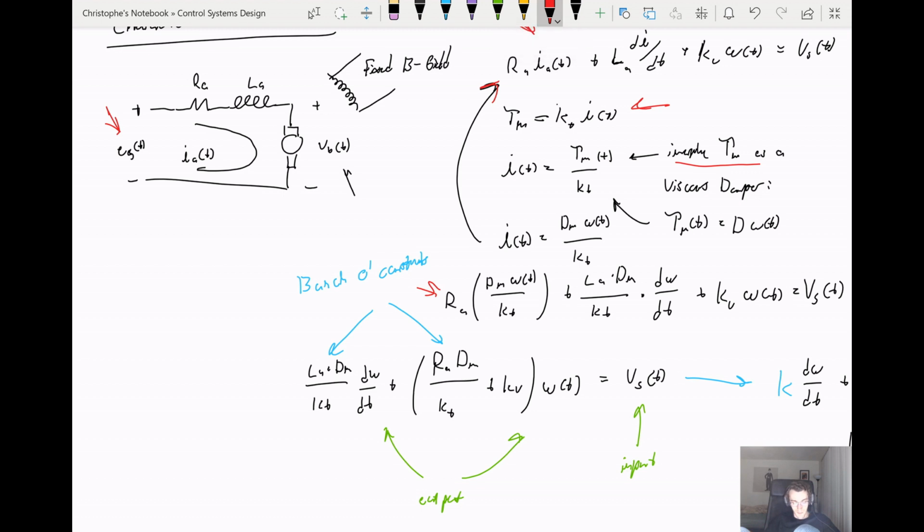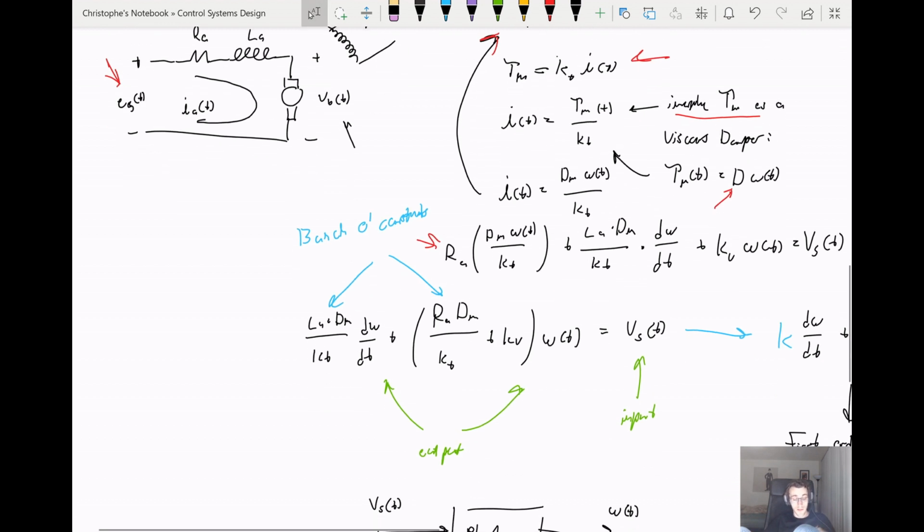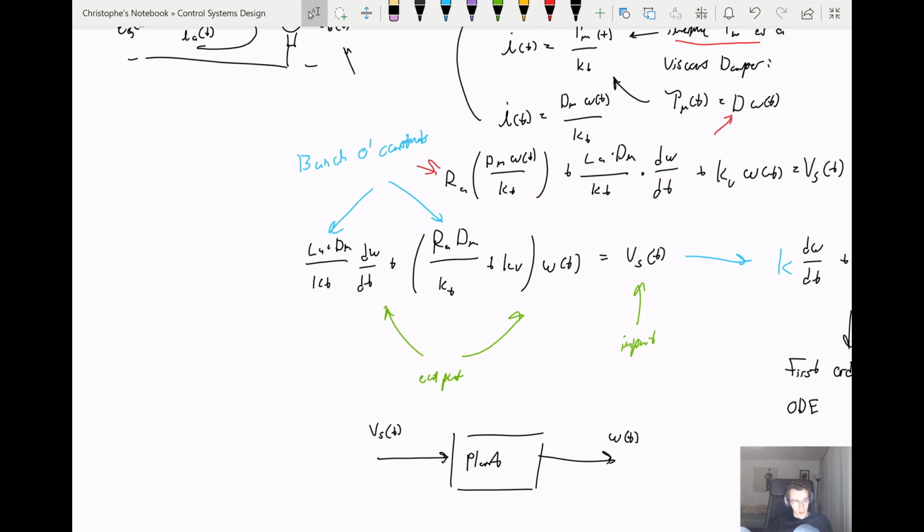With a little bit of rearranging, we can also assume that the torque of the motor as a function of time acts as kind of like a viscous damper to the system. So we can say that the torque over time is equal to some constant D times omega of t. We then plug all of that back into our original equation, do some rearranging, and we end up with this equation right here.